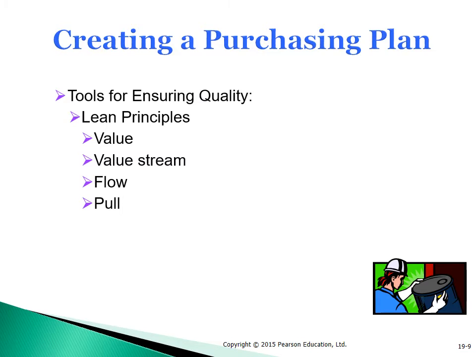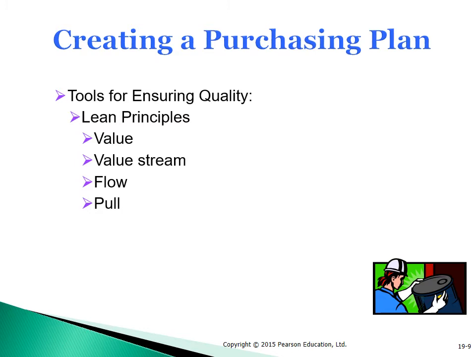And the next component is pull. Companies produce only when customer demand pulls products and services through the system. Attempting to push them through the system results in inefficiency in the form of excess inventory, cost, and waste.